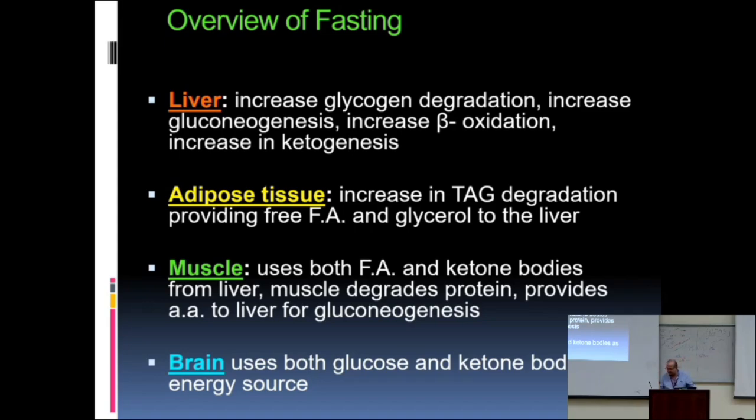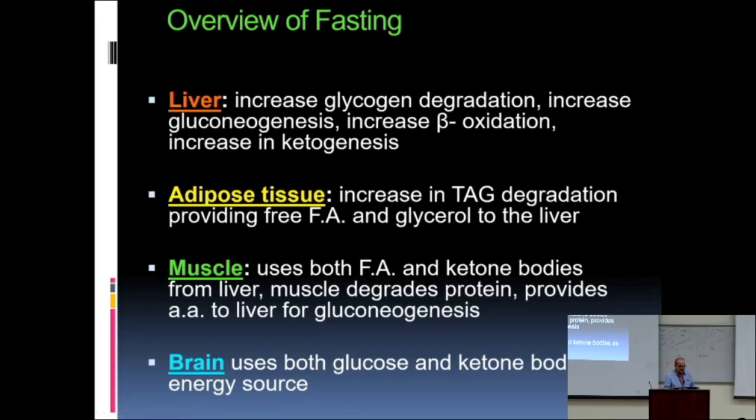What's also considered fasting is obviously sleeping. If you're sleeping, you're fasting. So you're going to need glucose even when you sleep. So you're going to have glycogenolysis and gluconeogenesis during your sleep. Okay, back to adipose tissue. The adipose tissue is the major depot, if you want, of TAGs.